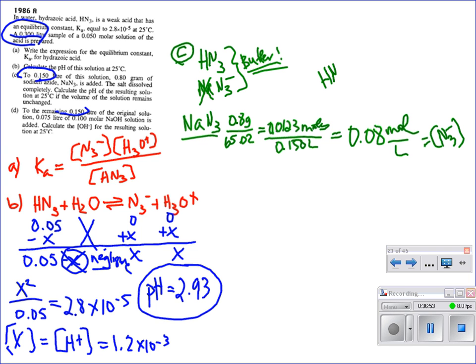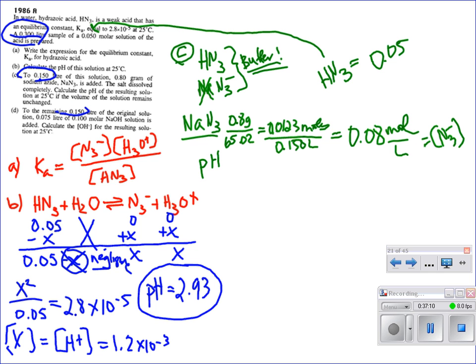What was the concentration of the acid? They gave it to us. Where did they give it to us? Right there. So that's equal to 0.05. So how do I find the pH?